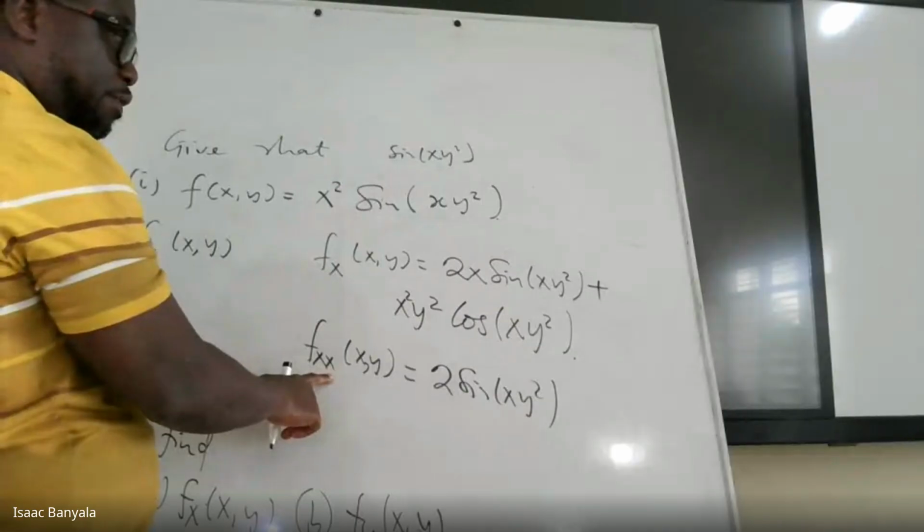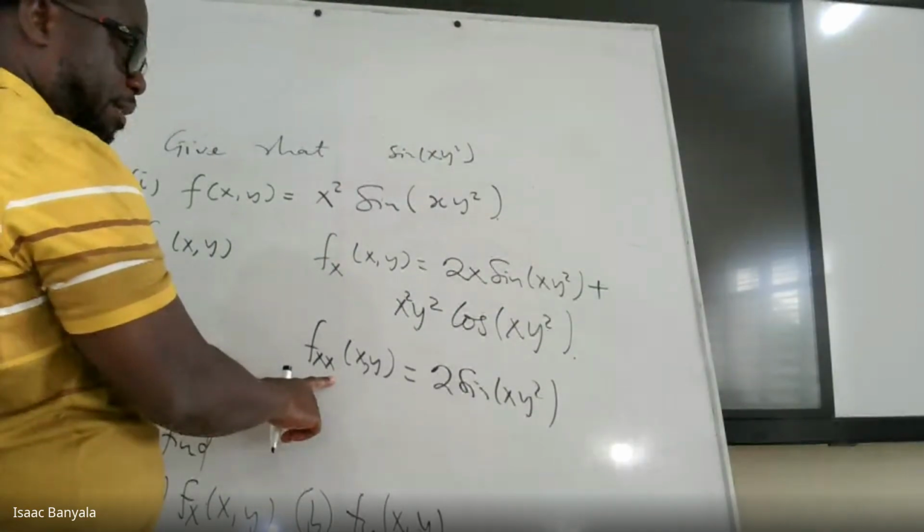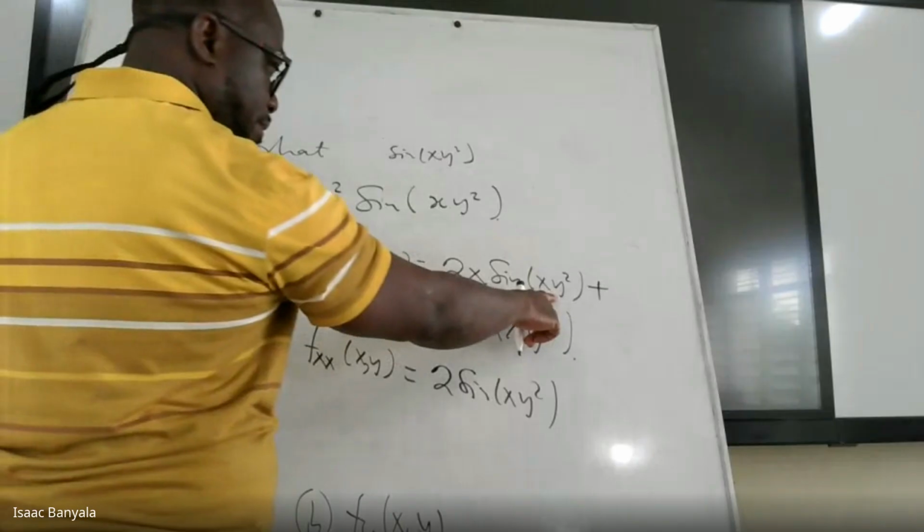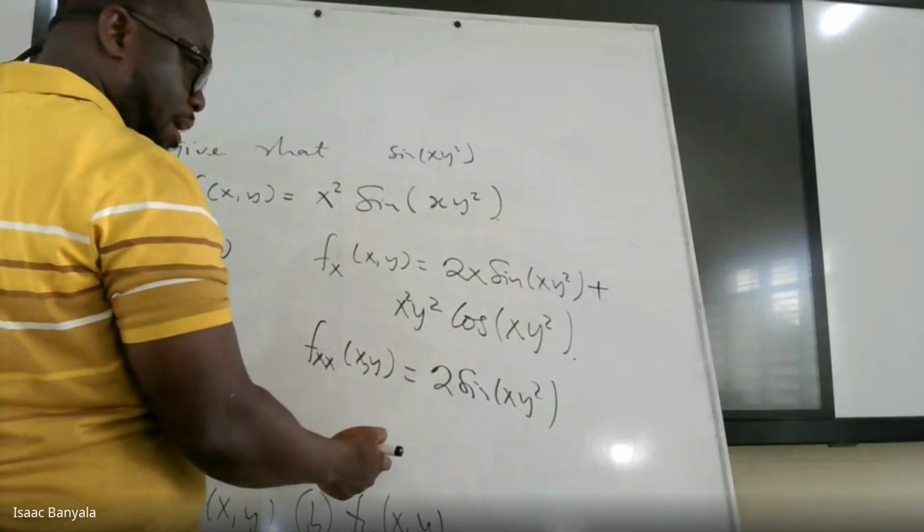So you get 2x y squared cos x y squared. We are differentiating with respect to x, so you get y squared.